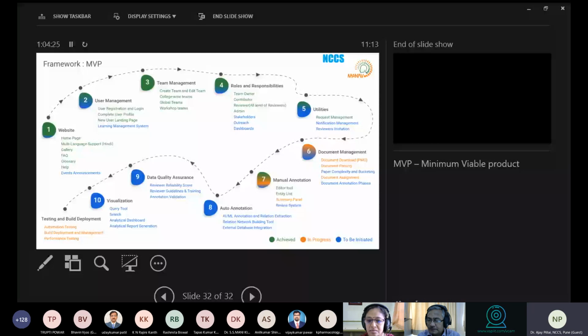But we work with ICER Pune and with Persistent. Persistent is an IT company. ICER is a research institute like ours, which comes under the Ministry of Human Resource and Development, and NCCS comes under the Ministry of Science and Technology. So it's a kind of public-private partnership, but it's not funded by the private. But I think they also put in some money because they also have to contribute.